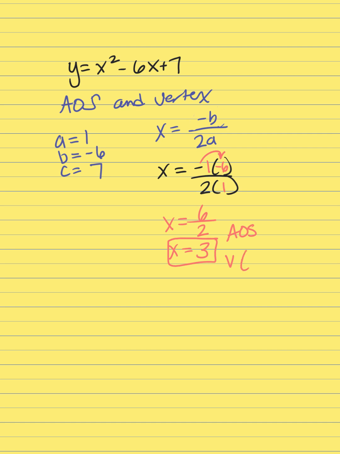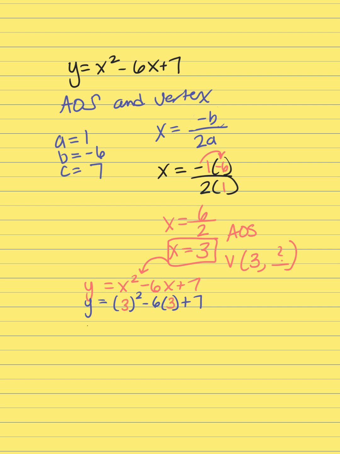And the vertex, we have the first point, 3 comma, we don't know the second one. So let's plug this into y equals x squared minus 6x plus 7. Let's plug it in. Y equals something squared minus 6 times something plus 7. And that something is 3.